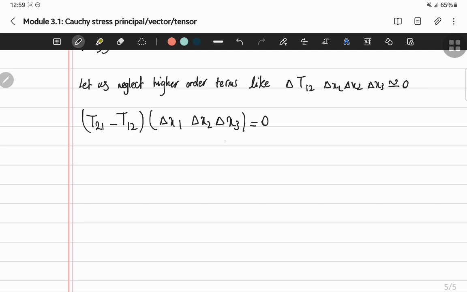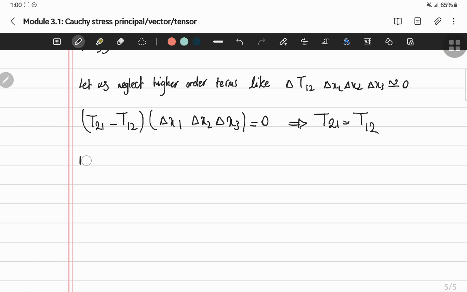And since this can't be 0, because that is the trivial solution, t21 is equal to t12. So we can say that t12 is equal to t21.